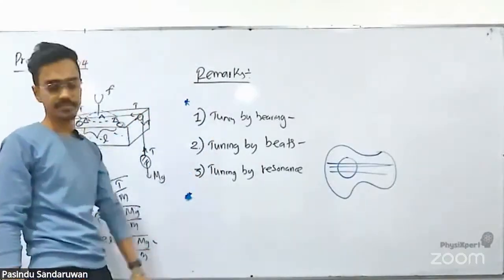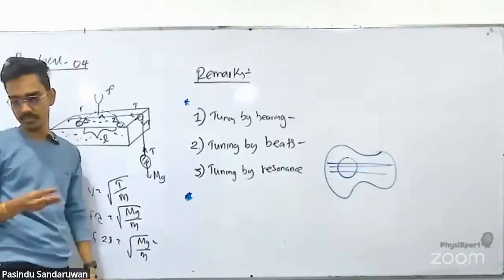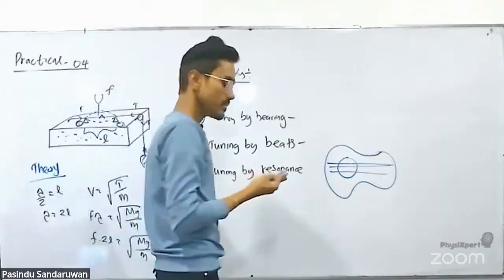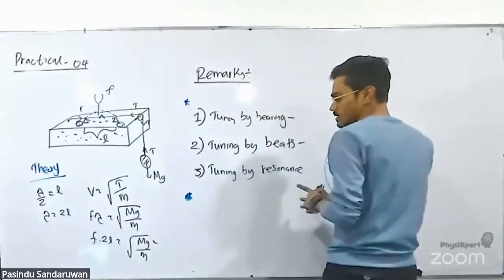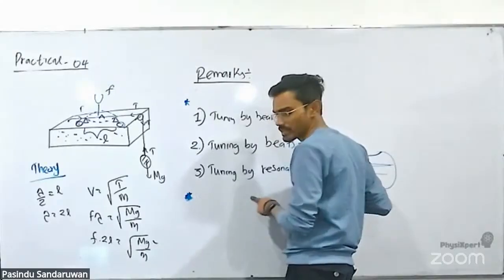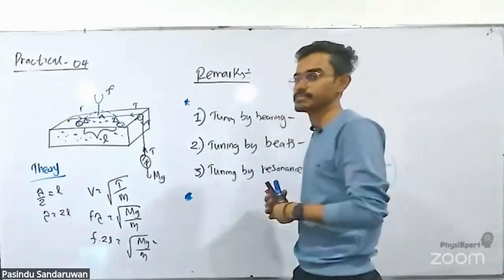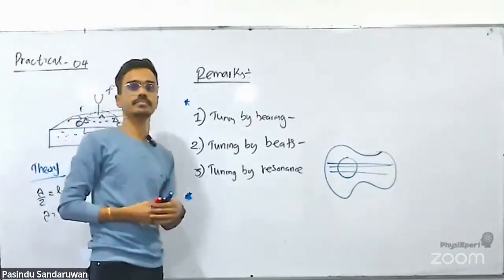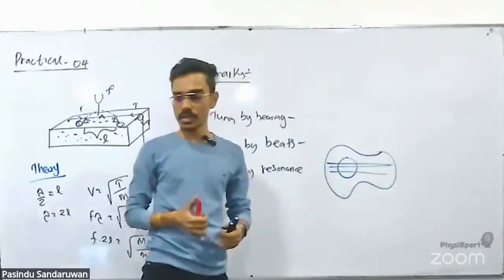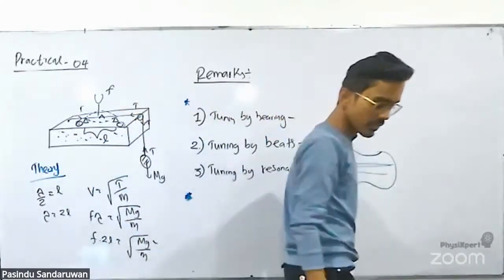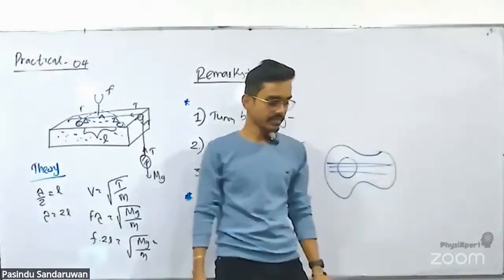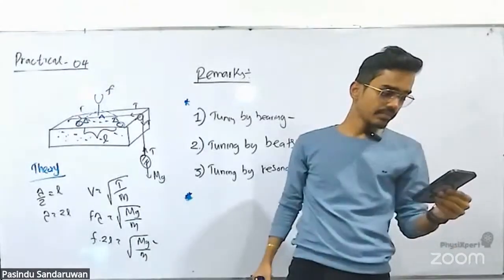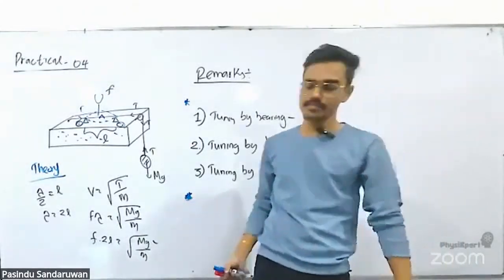Okay, write down the next point. Type of wave on the sonometer wire: transverse stationary wave.